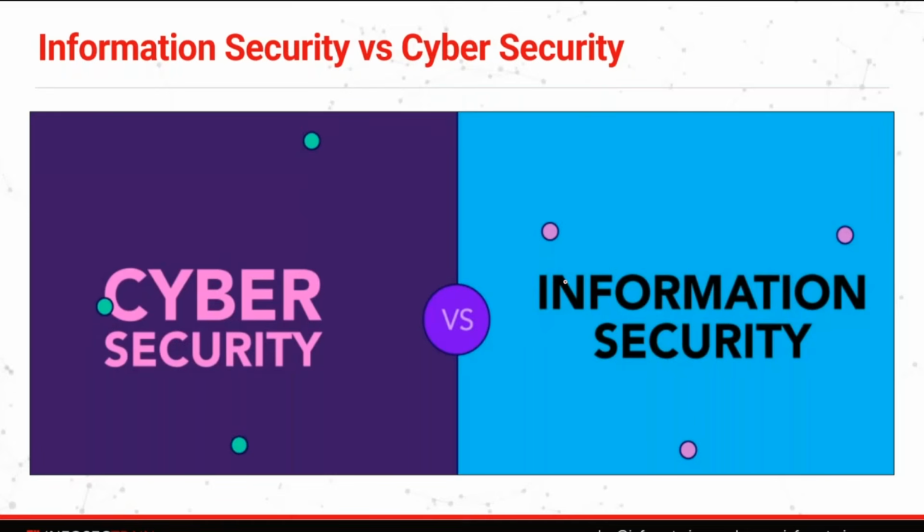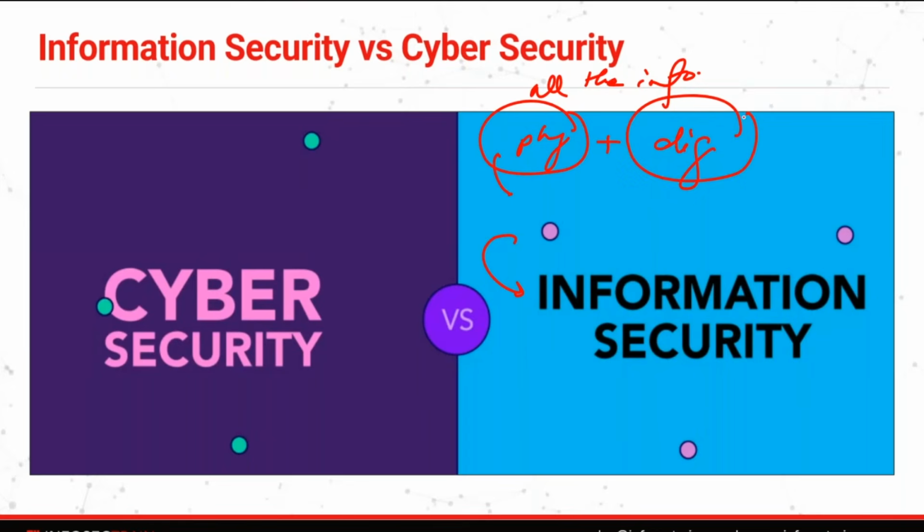So when I say this term information security, we are securing all the information. Now, information could be physical information and it could be digital information. Physical information is any sensitive document that you are having. Digital information is what you keep on computers, servers, information that is being communicated in the network, stored, and processed.